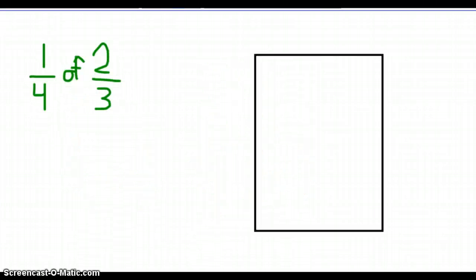Now you try representing on a rectangle the proof of the answer 1/4 of 2/3. Start by taking 2/3, the denominator is 3, and make a rectangle and divide it into 3 parts. Then, going the opposite direction, if you were doing that horizontally, divide the other one, because of the first fraction, into 4 parts.